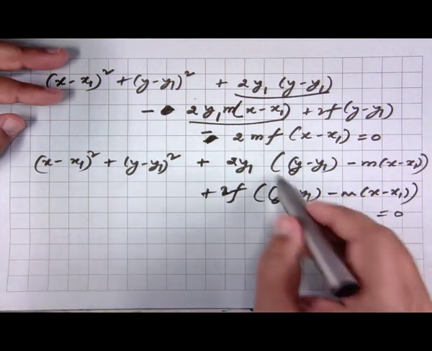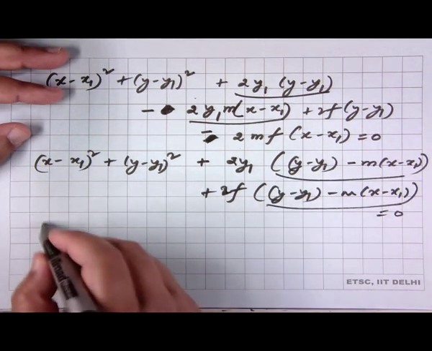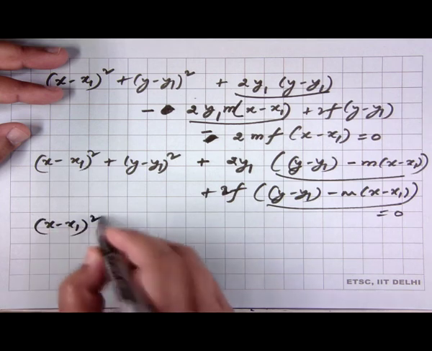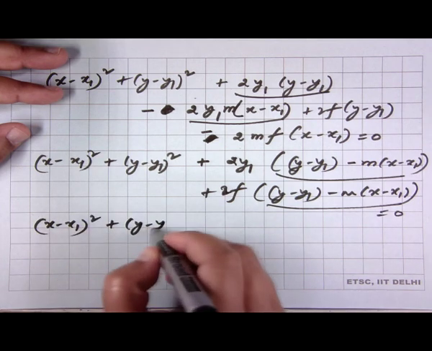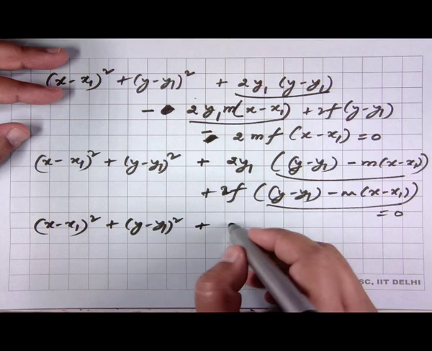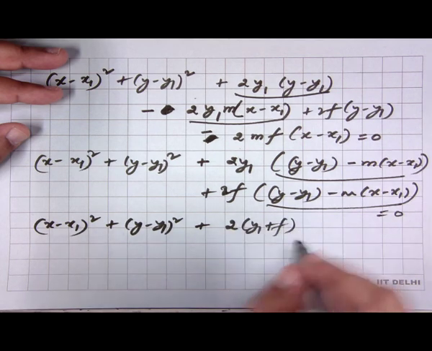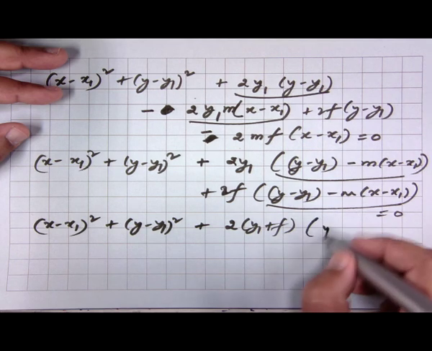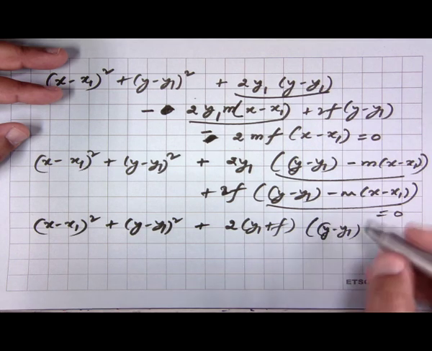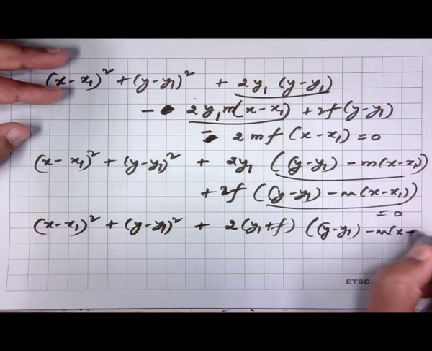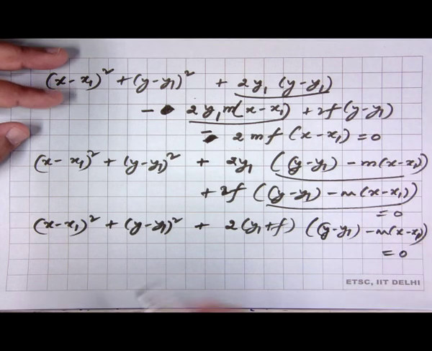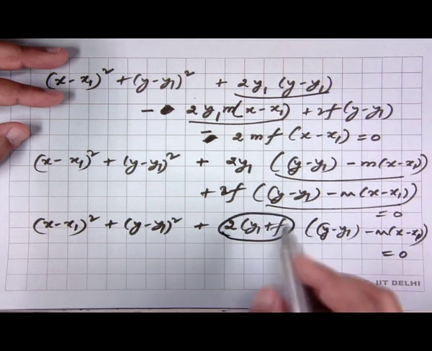And then of course, this and this is same, so we can write plus 2 times y1 plus f into equals 0, and this is actually the parameter k.